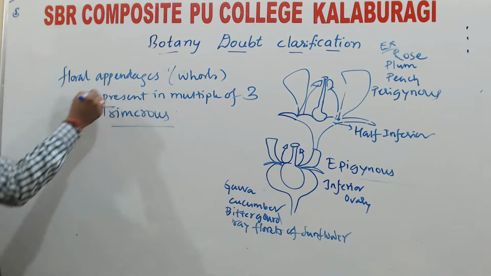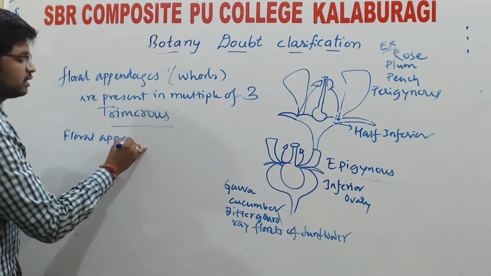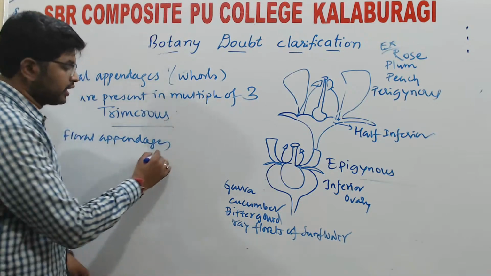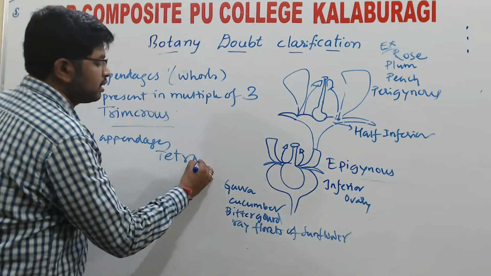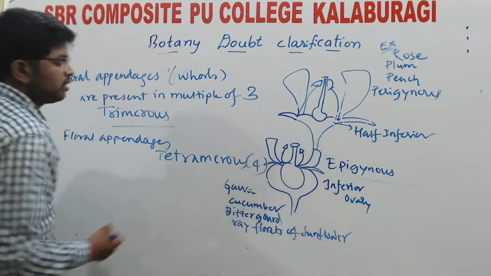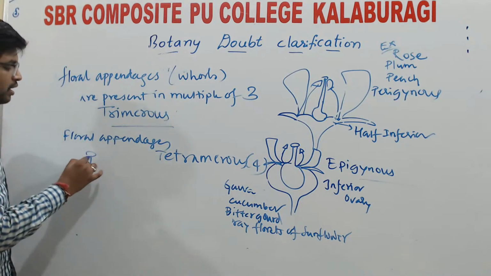When the floral appendages are in multiples of 4, we call it tetramerous, meaning 4. And when the floral appendages are present in multiples of 5, we call it pentamerous.